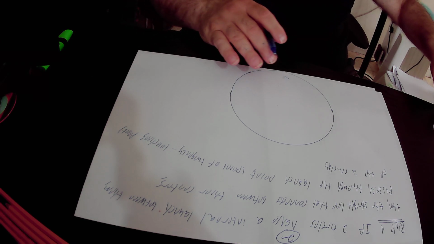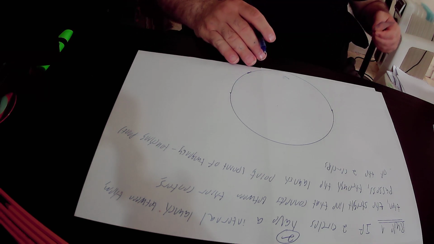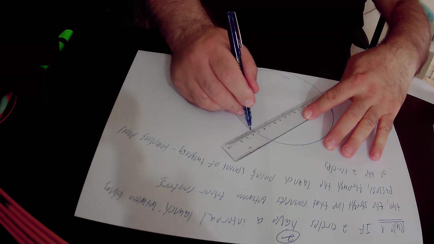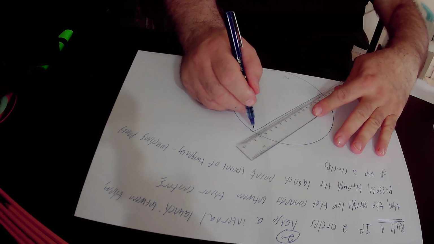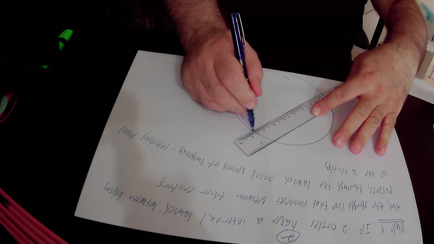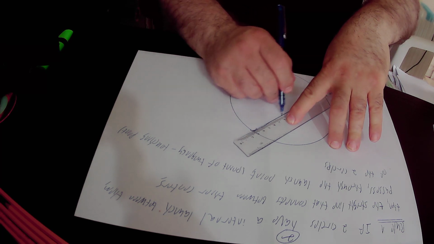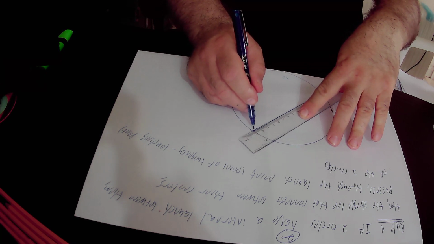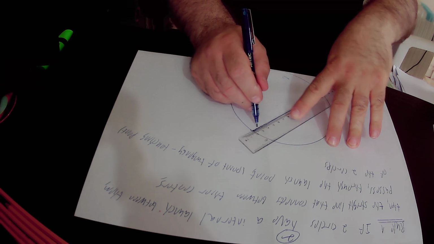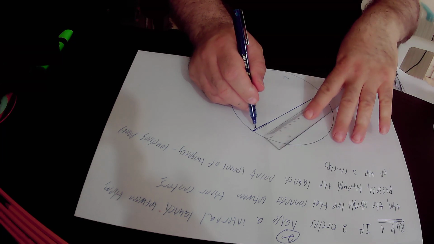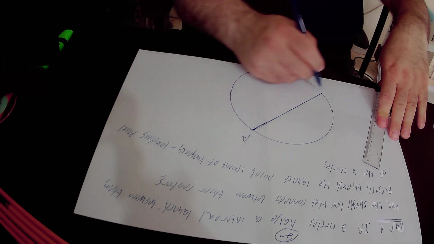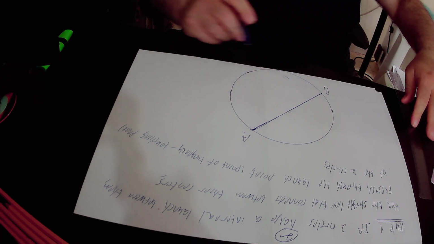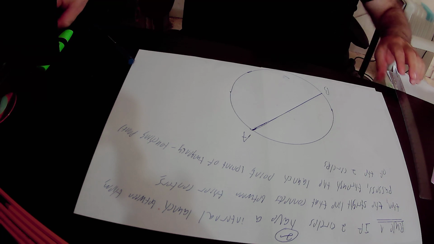We have this circle, and in this circle we have two chords that intersect with each other inside the circle. This is chord AB, and chord AB intersects with chord CD inside the circle.